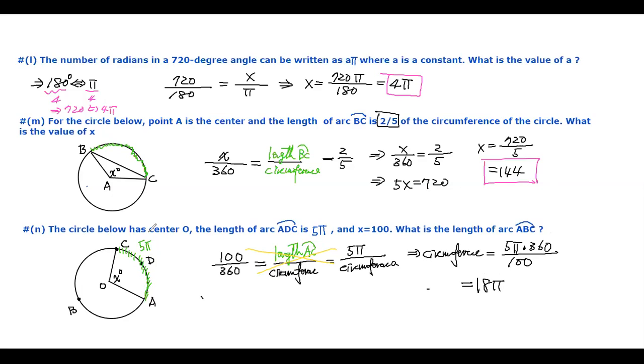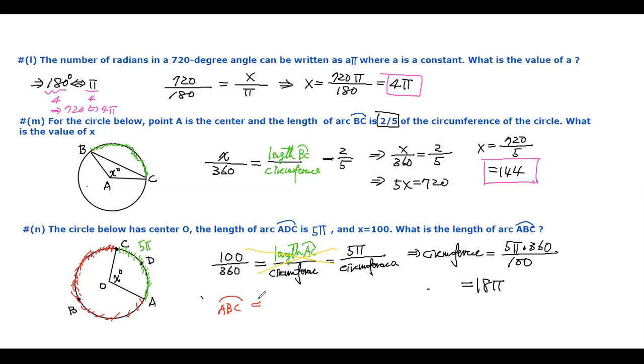So the whole circumference is 18 pi, but the problem asks us for the arc ABC, right? So this is the arc length the problem asks for. What is the answer?